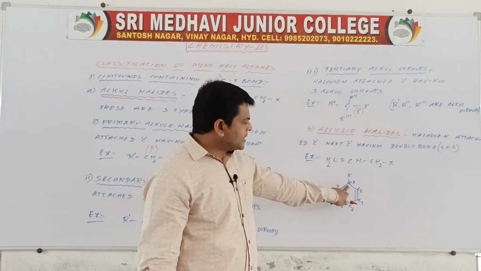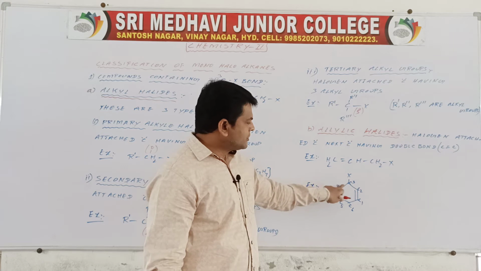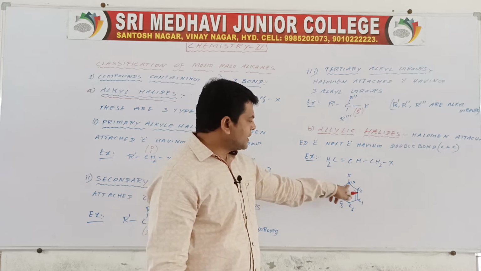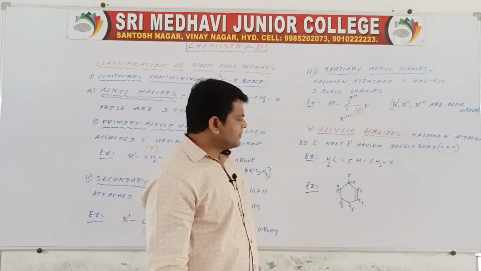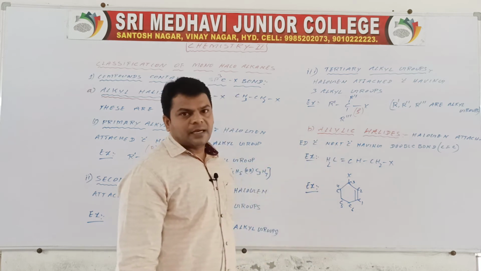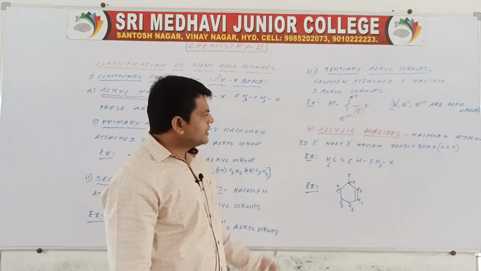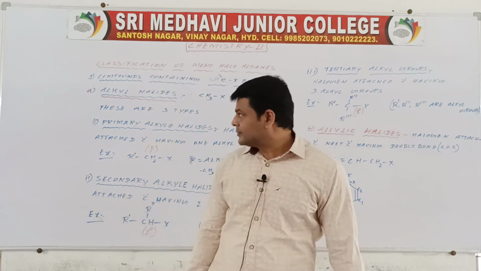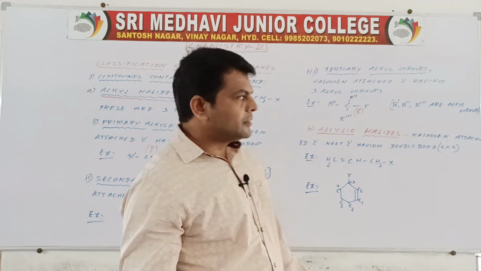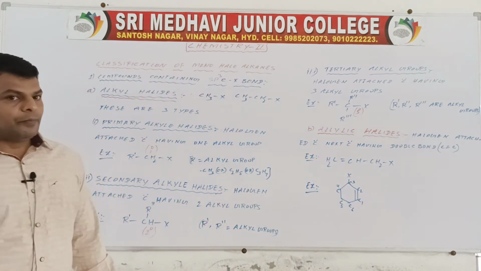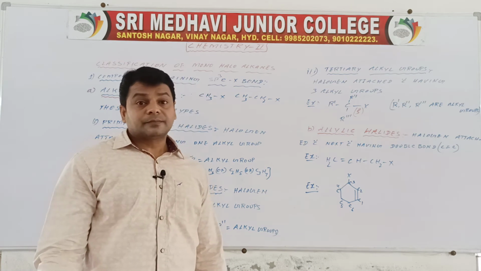The carbon having sp3 hybridization has three single bonds and one hydrogen, as in CH3X. Then it is an allylic halide.